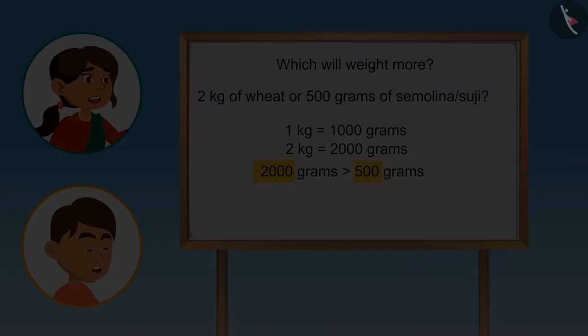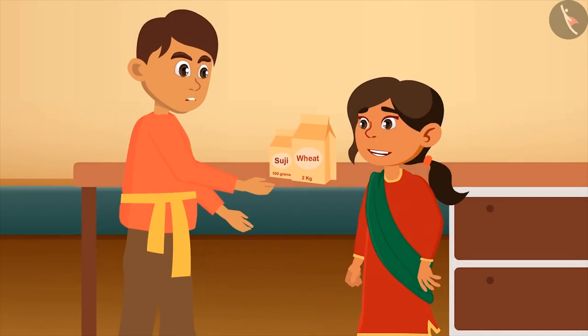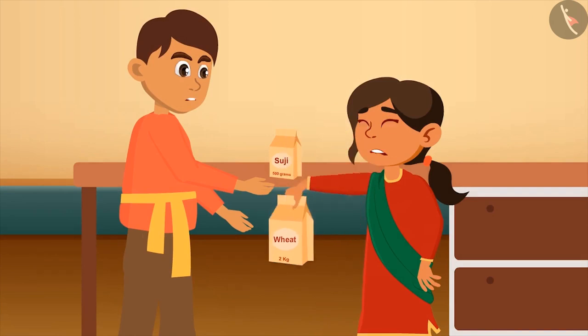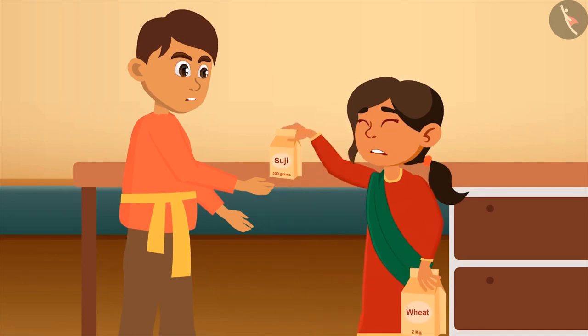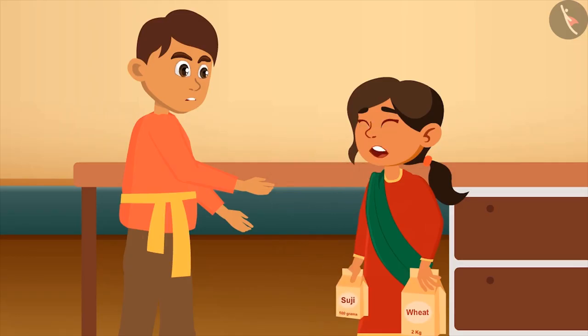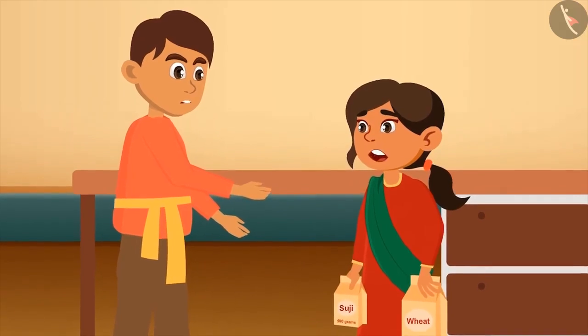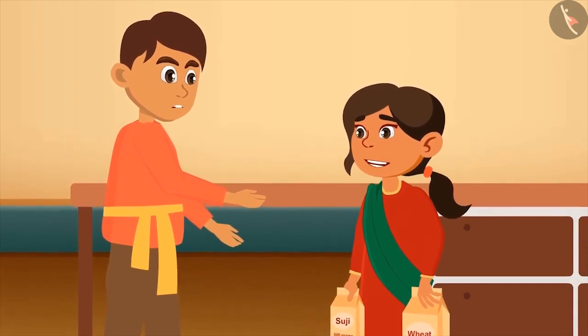Very good. Now try to hold both the packets. 2 kilograms of wheat and 500 grams means half a kg packet of suji. Yes, brother, the packet of suji is lighter than the packet of wheat.